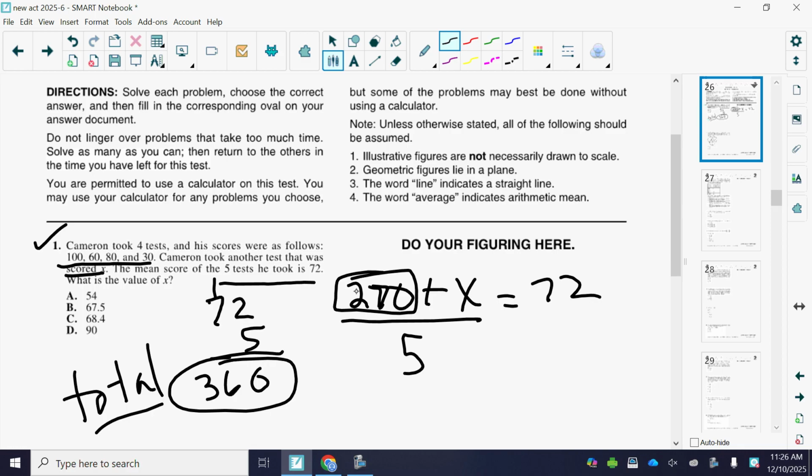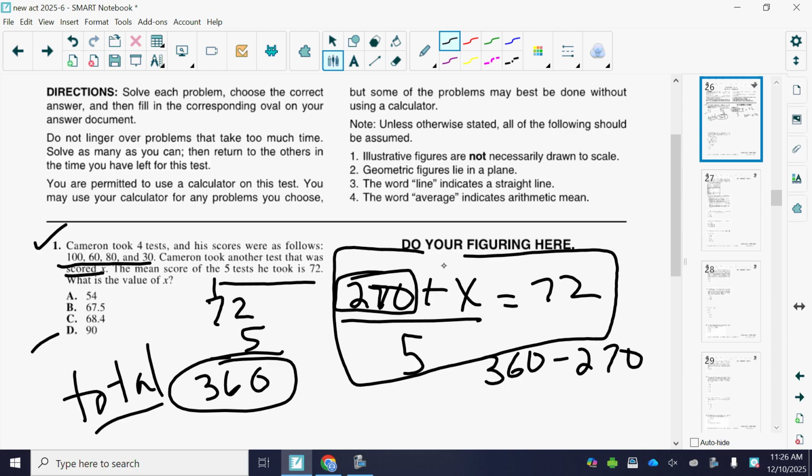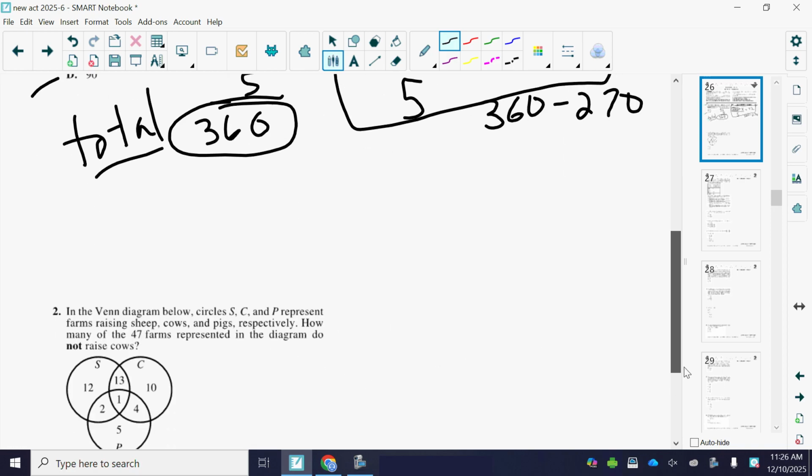What does he want to have to get this average? 360. So the answer is 360 minus 270, which is 90. You'd get the same answer as if you solved that equation. That would be a book-ish answer. I like mine better, where you multiply the average by the number of tests.